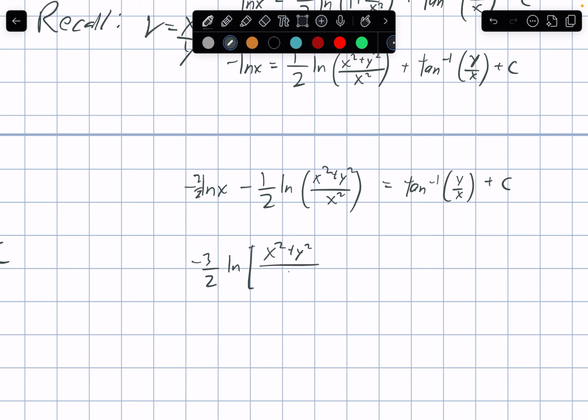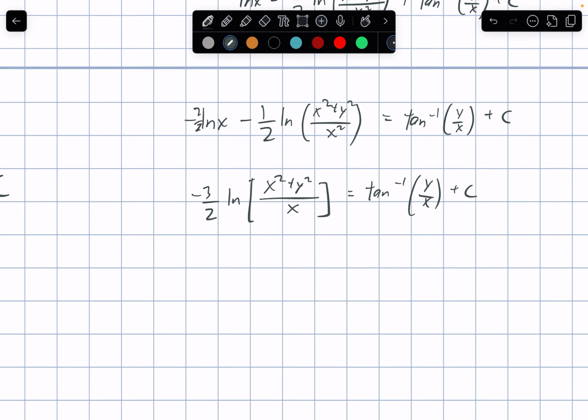We'll have x squared plus y squared over x, negative 3 ln x plus y squared over x equal to, so we're multiplying all sides by 2, no?